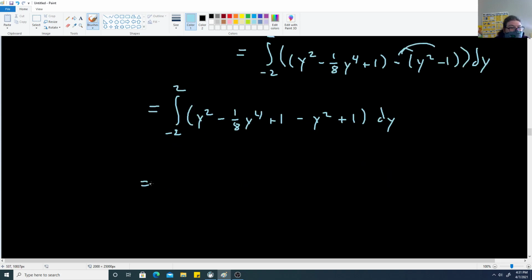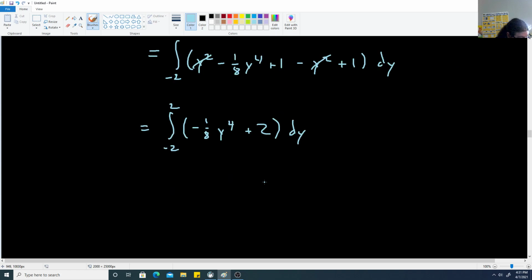Okay, so we get the integral from negative 2 up to 2. We have a negative 1/8 y to the 4th. Y squared and negative y squared cancel. We get a plus 2 dy. So this is going to equal, we'll take the antiderivatives here.